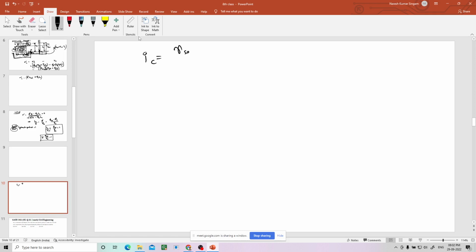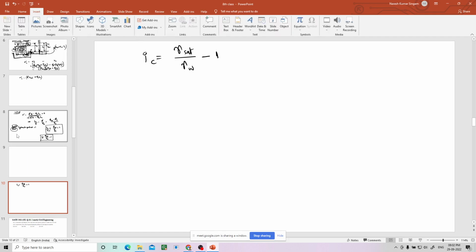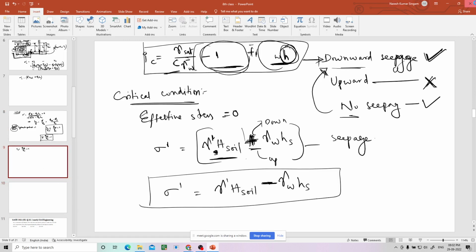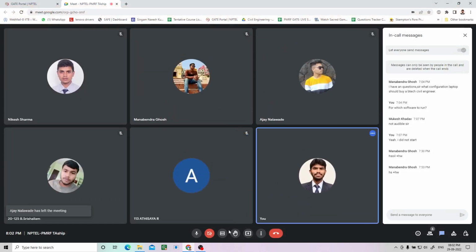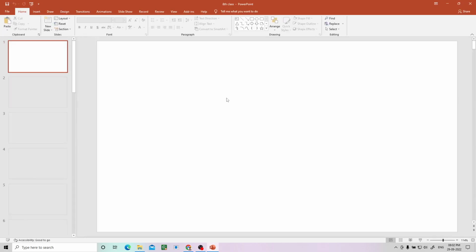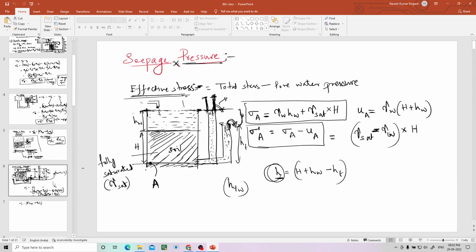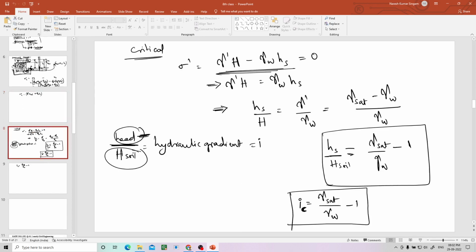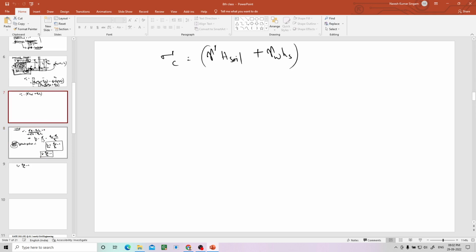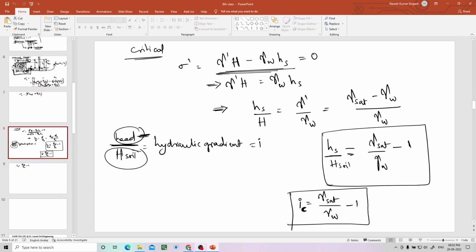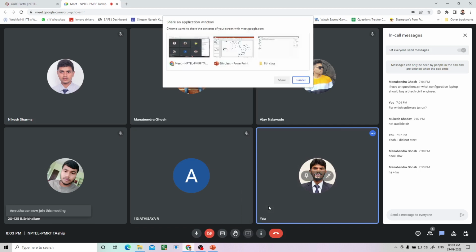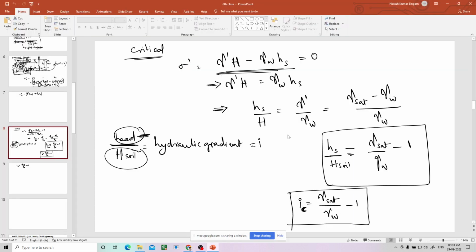Now gamma sat by gamma w minus, it is gamma sat, gamma w minus 1, gamma sat let me reopen that, it is giving a lot of confusion. Now I hope you can see, right? Right?